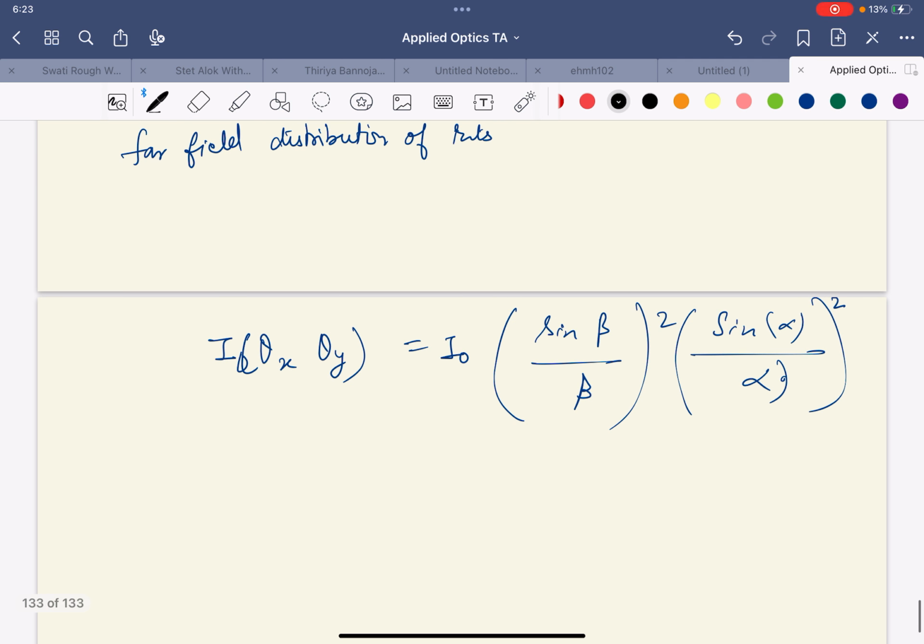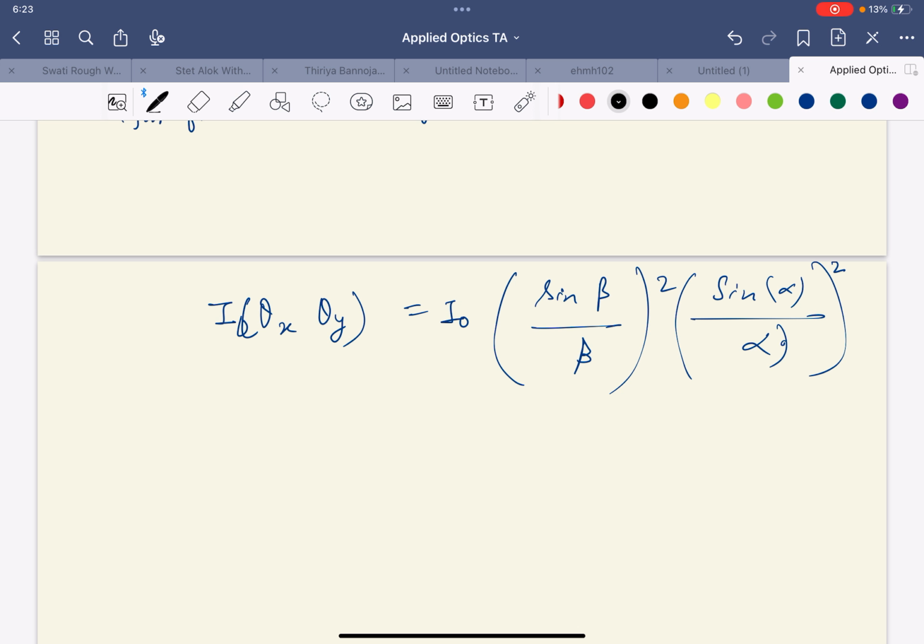So here beta is given by pi a by lambda into sine theta x, and alpha is given by pi a by lambda into sine theta y.